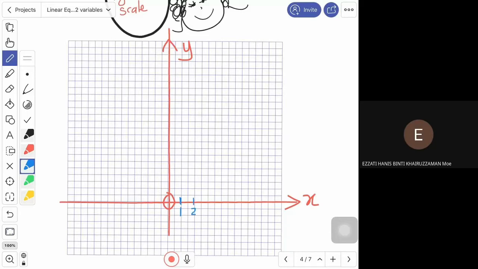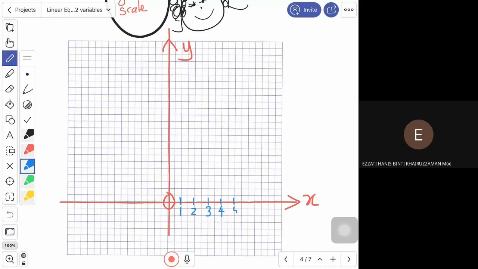The space must be even, must be regular. That is what regular means, the spaces are the same. If the value of 1 is taking 2 grids, 2 also takes 2 grids. So 3 must be here, and here is 4, here is 5.